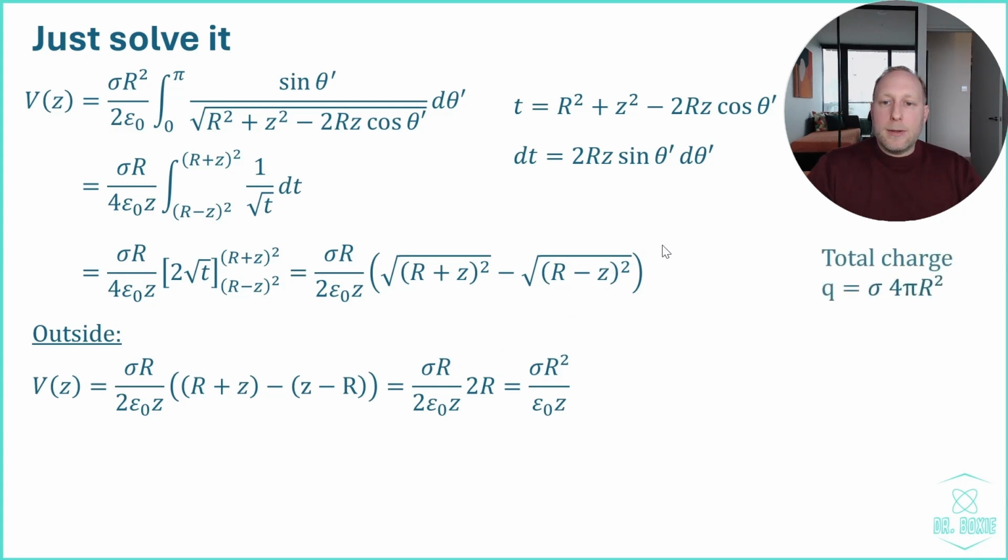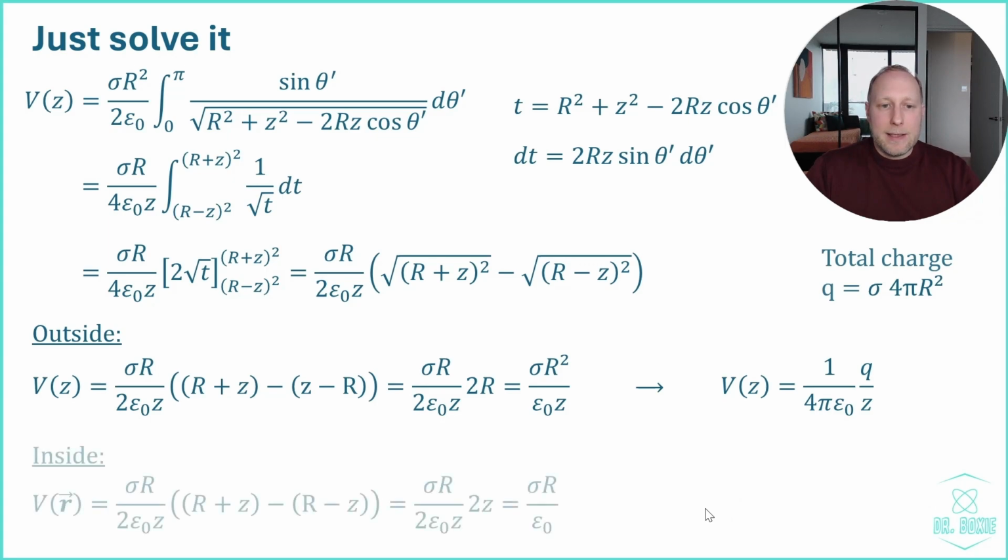Now remember that the total charge of the spherical shell is q, which is the surface charge density times the surface of the shell, 4 pi times r squared. And if we plug this into the expression for v, we find that v is equal to this expression here, which is the exact same expression we found for the potential outside the spherical shell, starting from the result we found through Gauss's law a couple of slides ago.